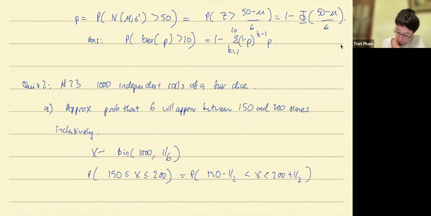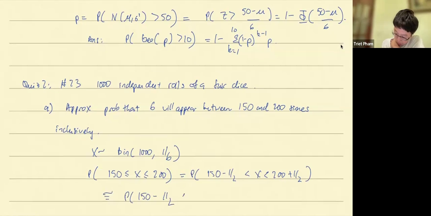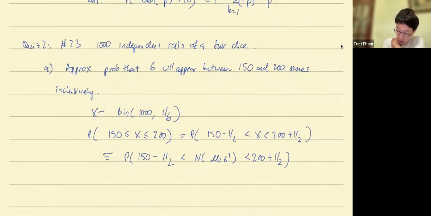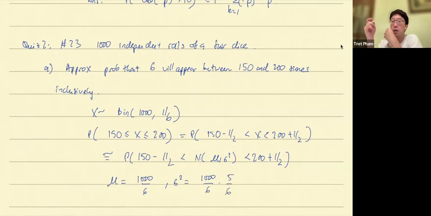And then a normal approximation. So this is approximately normal, where mu is 1,000 over 6, and sigma squared is 1,000 over 6 times 5 over 6. Okay?